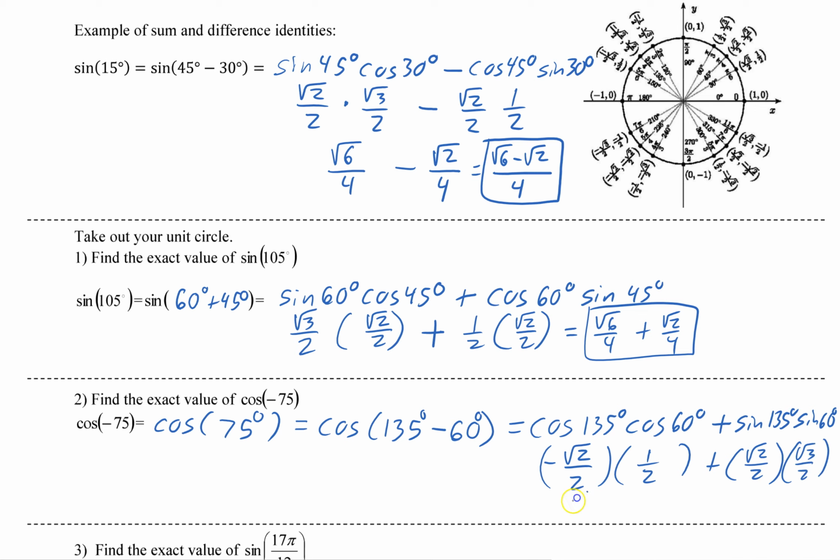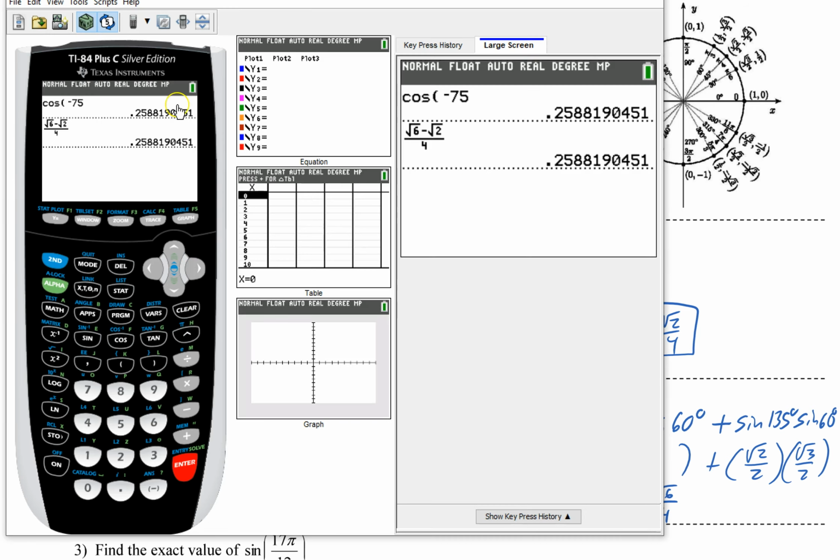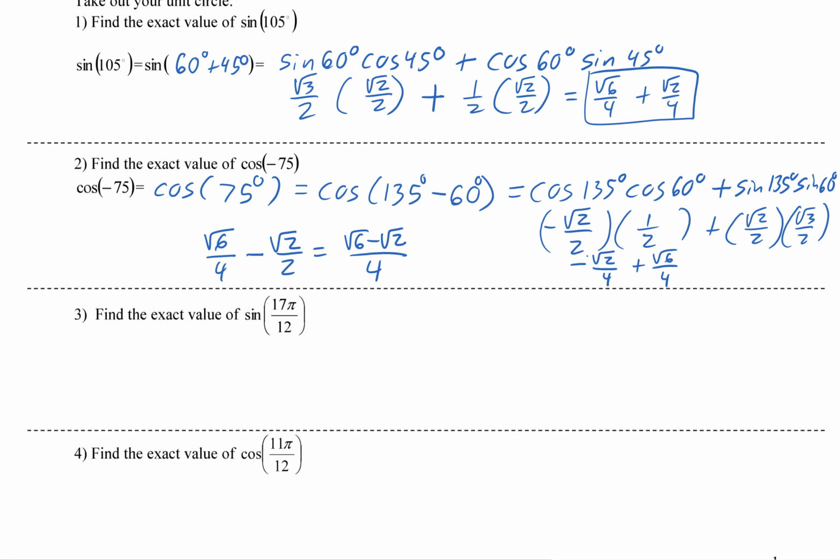So simplified, this would be negative rad 2 over 4 plus rad 6 over 4. And so we end up with rad 6 over 4 minus rad 2 over 4, which is rad 6 minus rad 2 all over 4. Checking with the calculator, same exact answer. So far, so good. All right, the next are going to be radians.